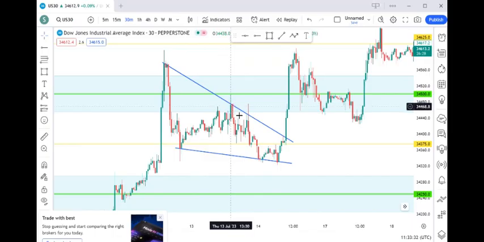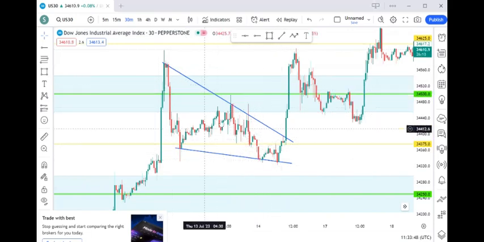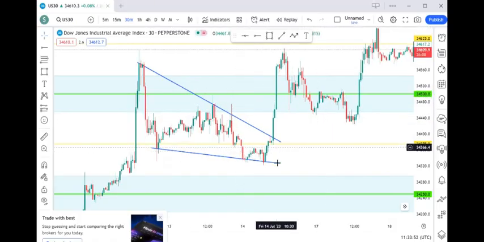We never sell in a buy pattern. So you never sell at the resistance trend line to take profit at the support trend line. We always want to be trading in the pattern's overall direction. So this is a bullish pattern. We can only buy in a bullish pattern. We never sell.